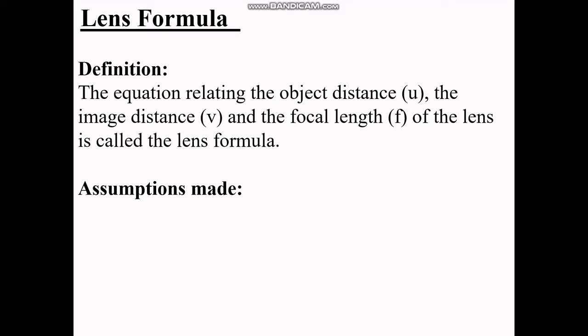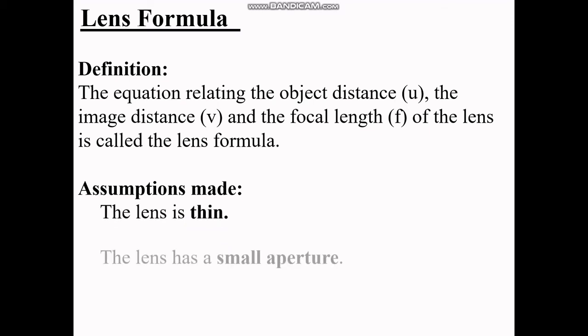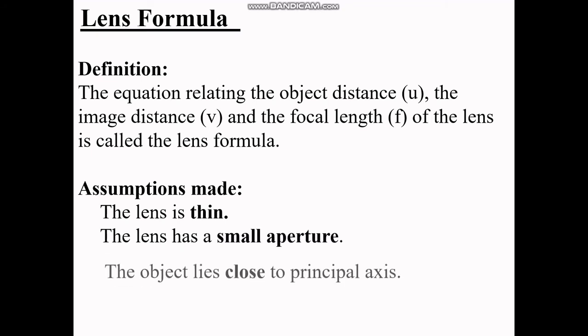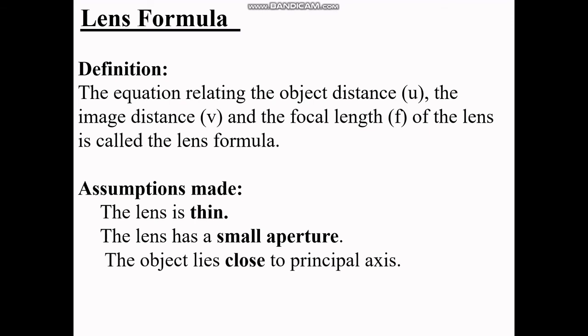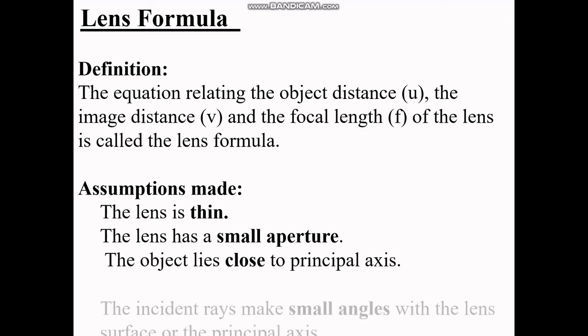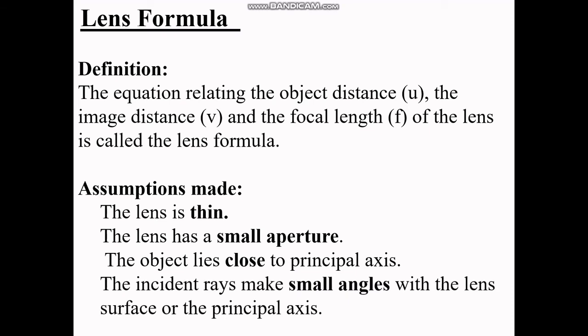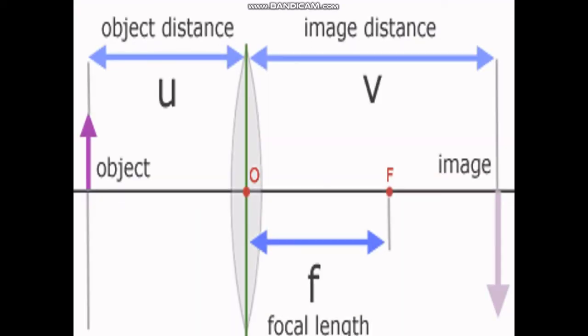Assumptions made for writing this formula: The lens is thin. The lens has a small aperture. The object lies close to the principal axis. The incident rays make small angles with the lens surface or the principal axis.